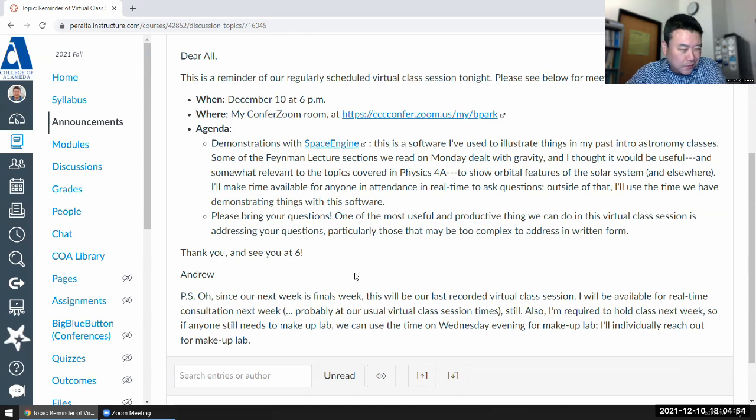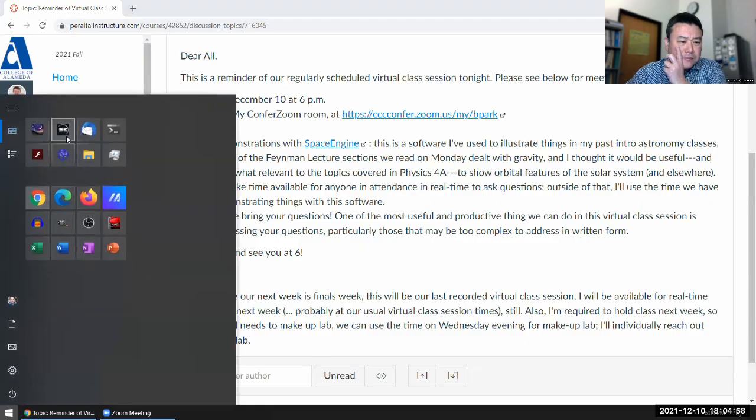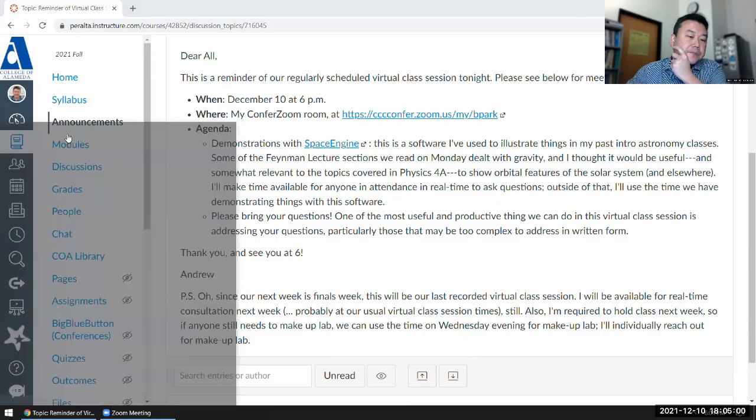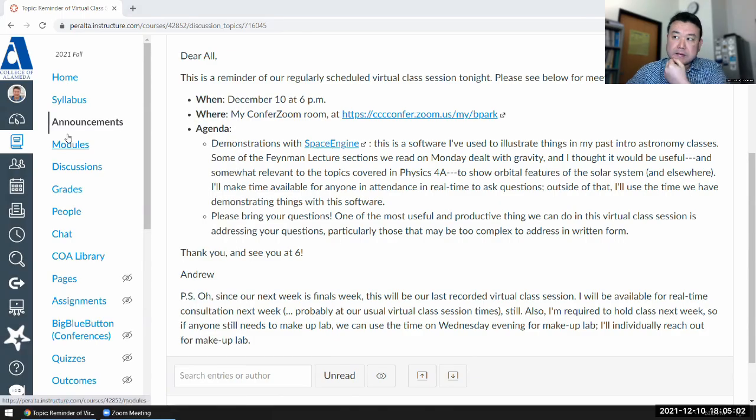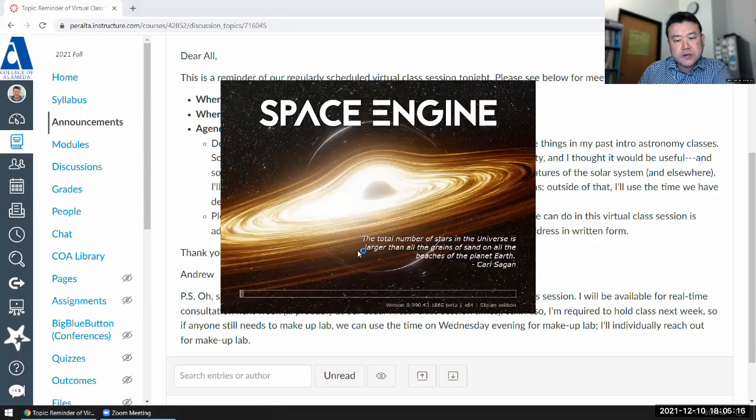So let me do that. Let me run SpaceEngine, and I think I have to change my share setting. I have this vague recollection of doing the normal Zoom share setting with SpaceEngine before, and it doesn't quite come through right.